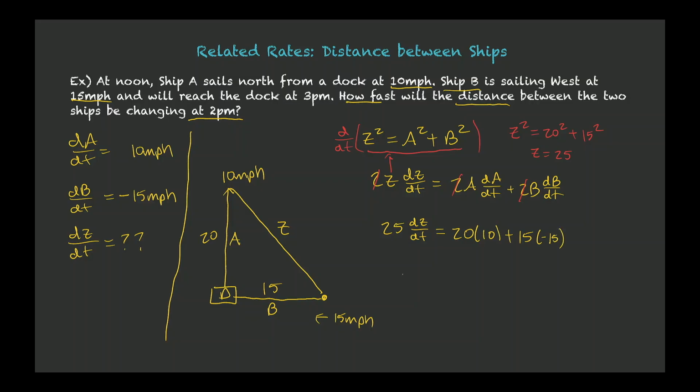Okay, so we get 25 dz/dt is equal to 200 minus 225 when we do this multiplication, or 25 dz/dt is equal to negative 25. So that's a pretty easy division to do. dz/dt is equal to negative 1, or 25 divided by 25, and the units on this is miles per hour for the distance.